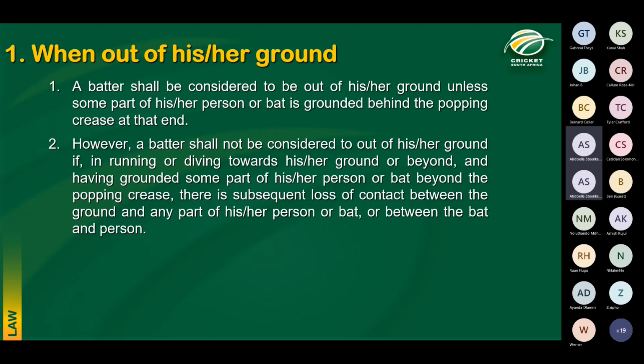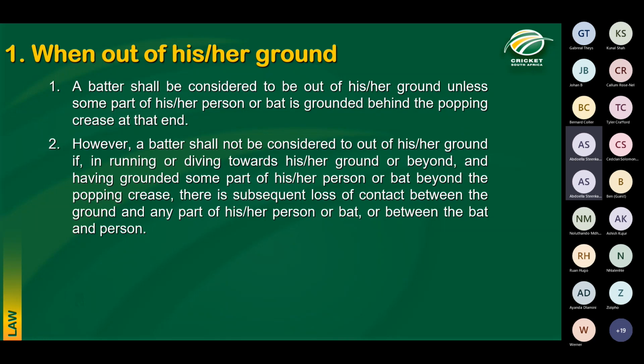The striker, let's say, diving at the bowler's end, puts the bat behind the crease, and then because of the forward movement, the bat actually pops up in the air. And now the bat's in the air. While the bat is in the air, the ball strikes the stumps, the bails come off, the wicket is now down, and then there's an appeal.